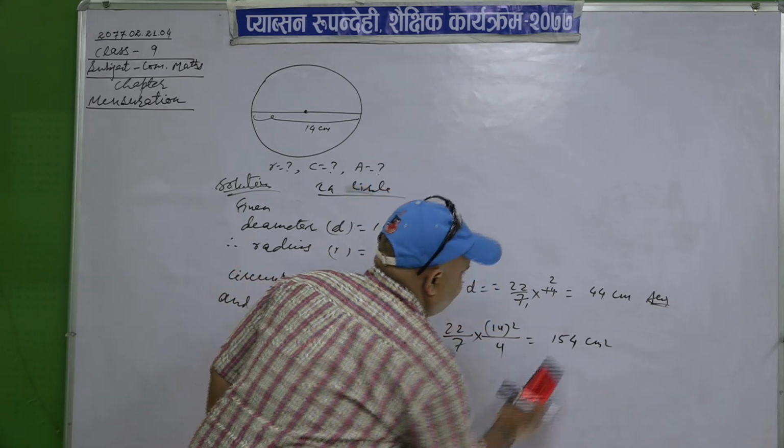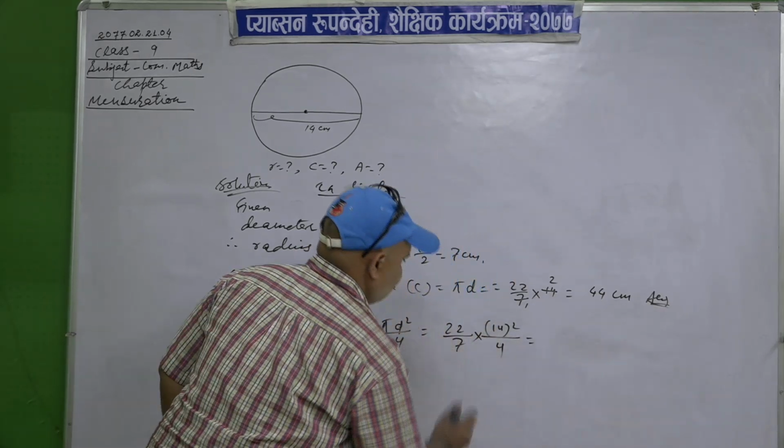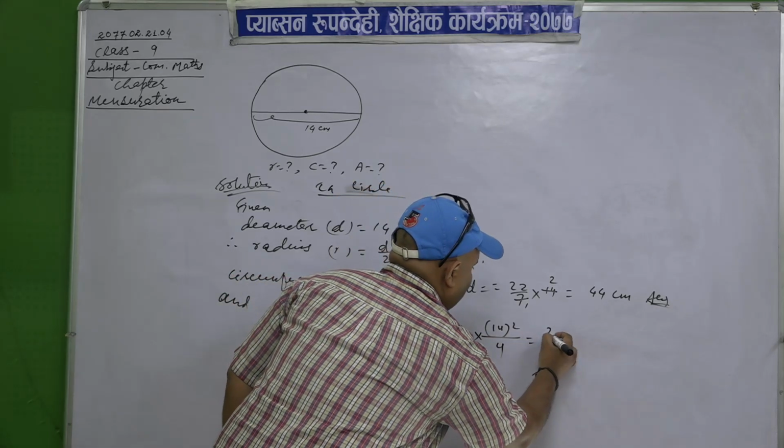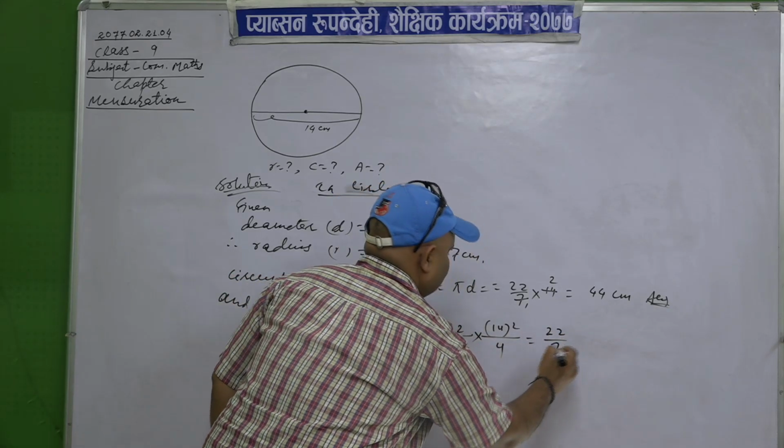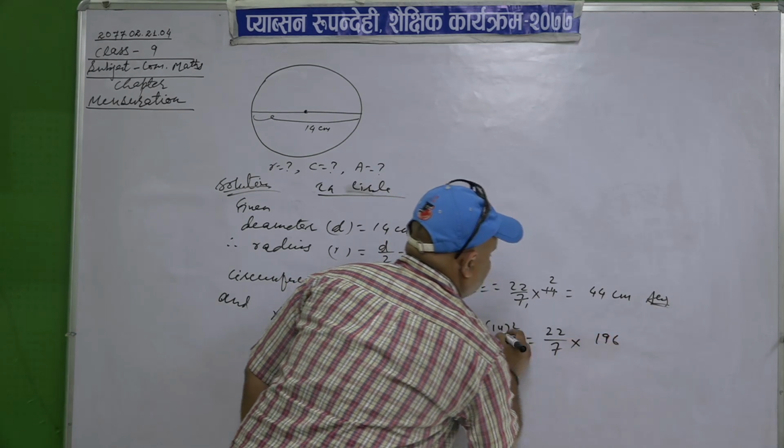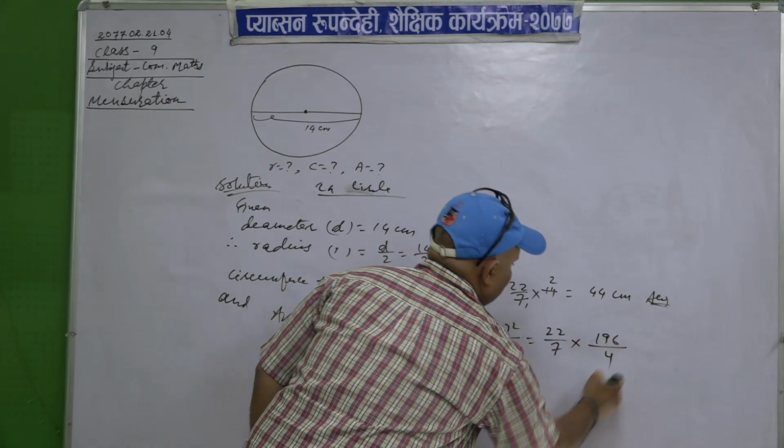Or if you do it in detail, then 22 upon 7, 14 square means 196, upon 4.